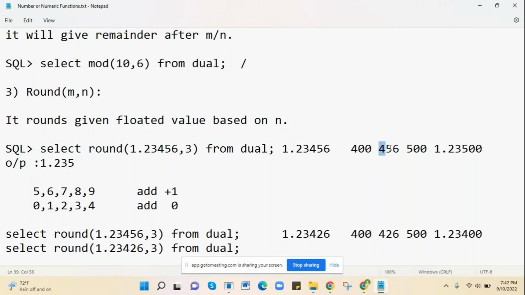It is between 400 and 500. Which is nearer to 456, 400 or 500? 500. Very good. So it will take 500. So instead of 456, it will give 500.